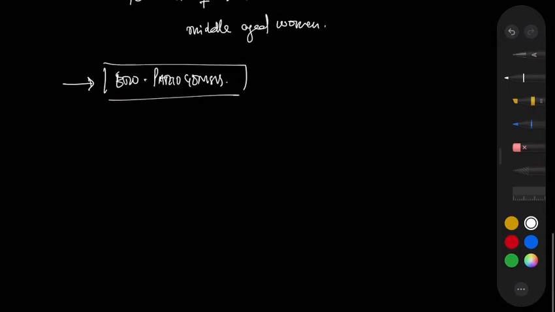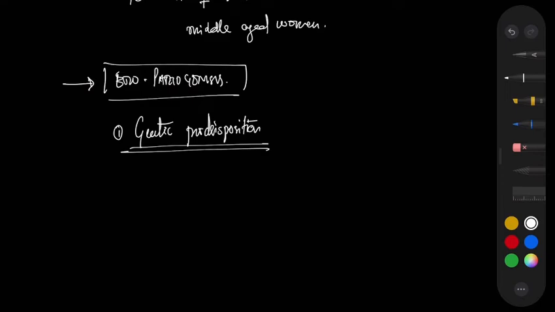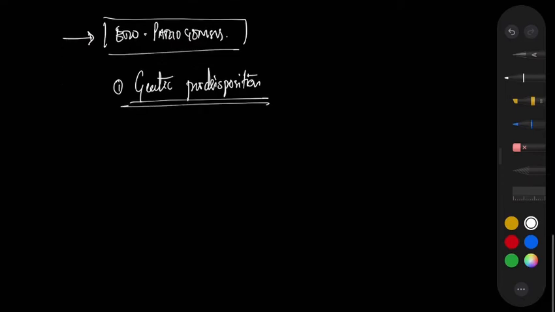So before getting to etiopathogenesis, there are a few conditions that can lead to this. We'll start with your genetic conditions. Genetic predispositions. They can be polymorphism of any of these three genes: CTLA4, PTPN22, and IL2RA.